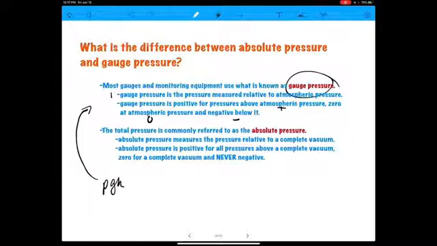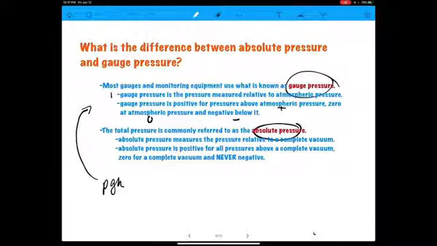The total pressure is commonly referred to as the absolute pressure, as we determined in the last slide. Absolute pressure measures the pressure relative to a complete vacuum. So absolute pressure is positive for all pressures above a complete vacuum, 0 for a complete vacuum, and it's really never negative.